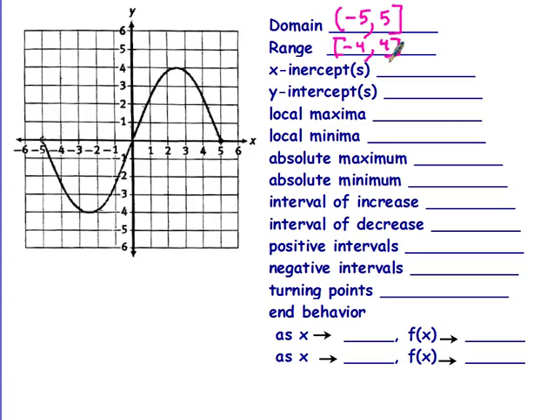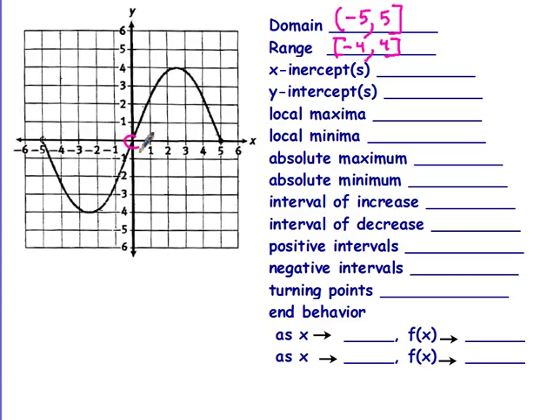All right. Next, we're going to talk about intercepts, x-intercepts and y-intercepts. An x-intercept is where a graph crosses the x-axis. This one's a little bit out of the ordinary here. Because it's an open circle, it doesn't actually touch the x-axis there, so that's not included as an x-intercept.